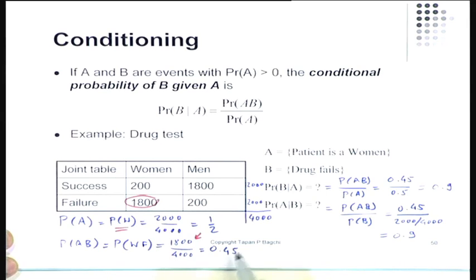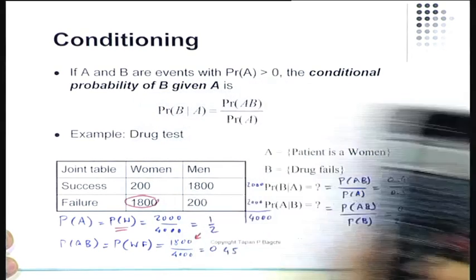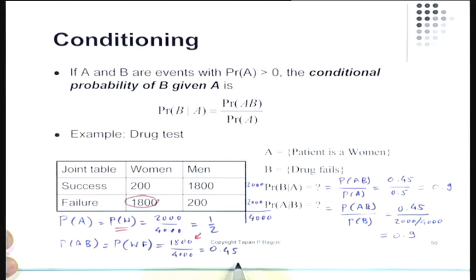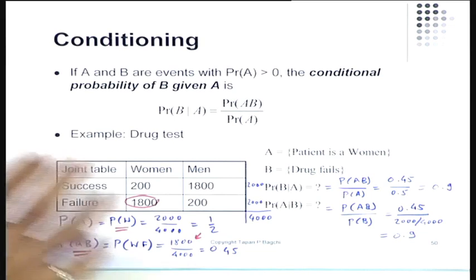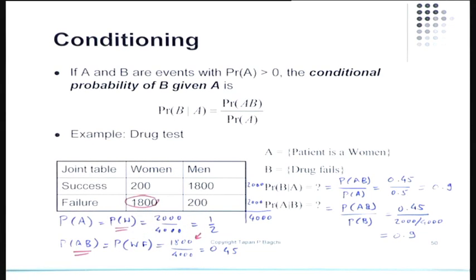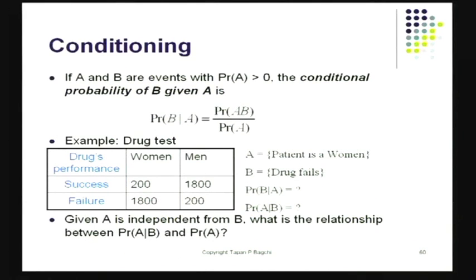And that turns out to be, as we've done before with our machine, 0.45. This is how I found P(AB), which I bring here. And I divide that by P(B). And I end up with my other numbers here. So conditioning probabilities are quite easy to calculate once you have the discipline there. With this we can move on, and we can actually test if there is any relationship there.